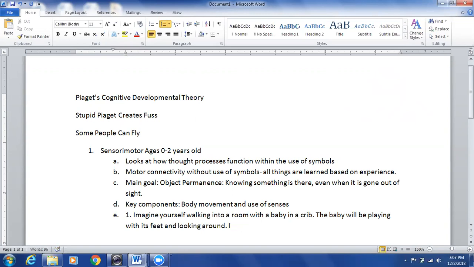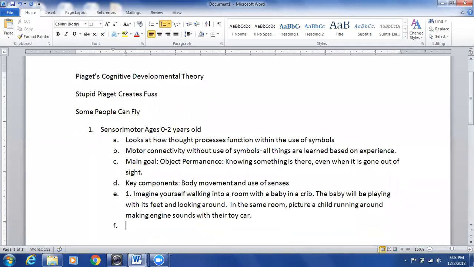In the same room, picture a child running around making engine sounds with their toy car.